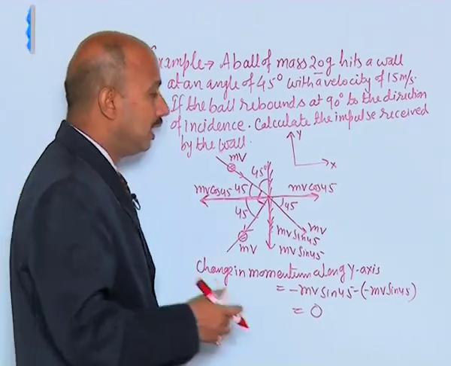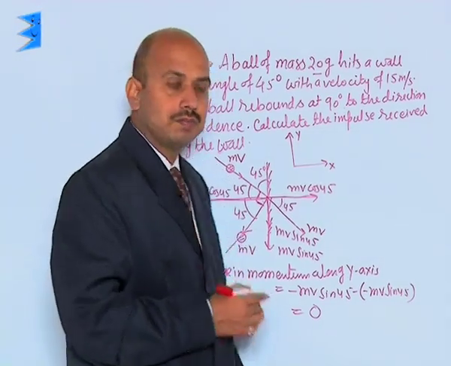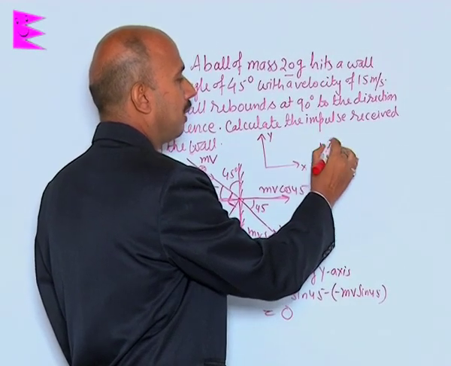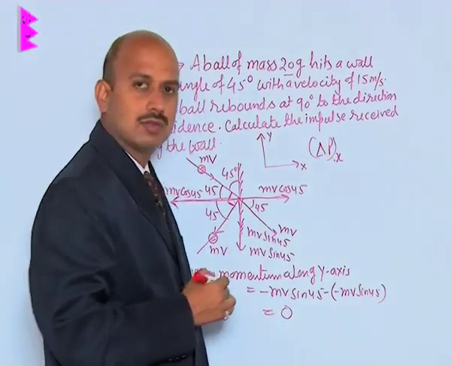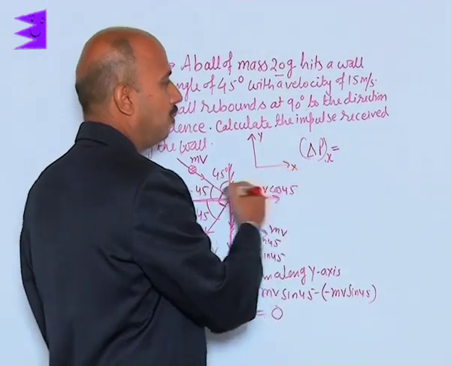Now, we can calculate the change in momentum along the x axis. So, we can write here the change in momentum along x axis, I am writing here this is x, that is equal to, already the final momentum is this.